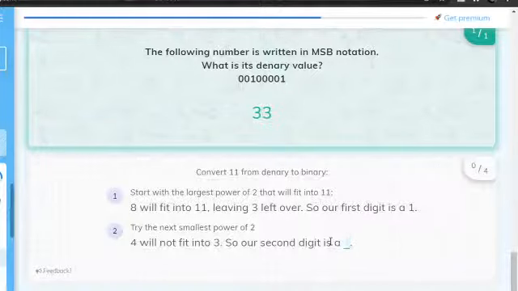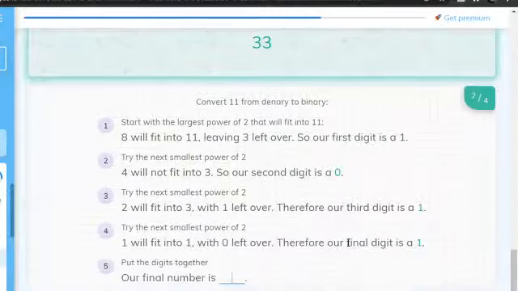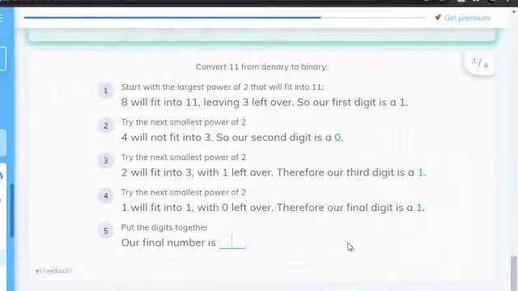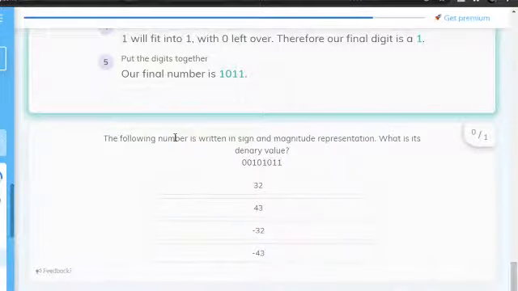What do you mean? This is not how it... Start with the largest power of 2 that fits, so that's 8, leaving 3 over. So our first digit is 1. And then it's 0. Oh, as in this is doing it manually, but that makes it so much more effort. But surely you just do that. Simple. If you're doing A-level computing, you should know this.